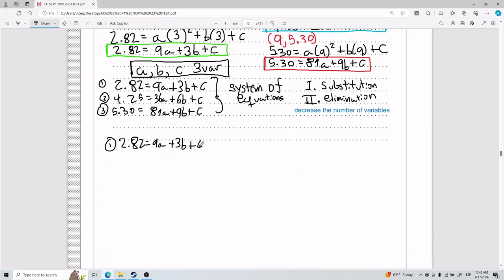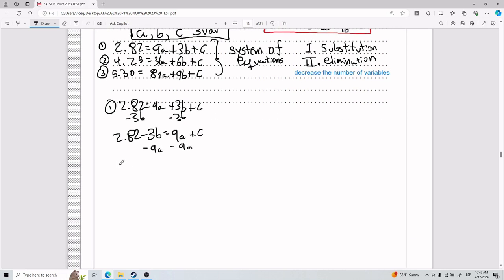If you want to get c alone, you're going to have to do minus 3b on both sides. That's 2.82 minus 3b equals 9a plus c. And from here you can do minus 9a on both sides. Clearly you end up with c alone. So you end up with c equals 2.82 minus 3b minus 9a.